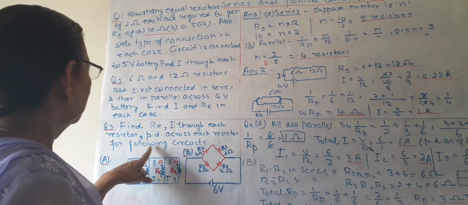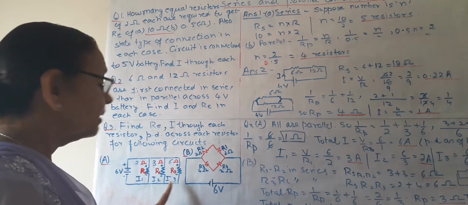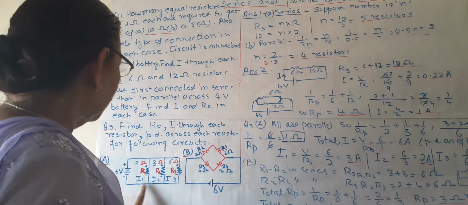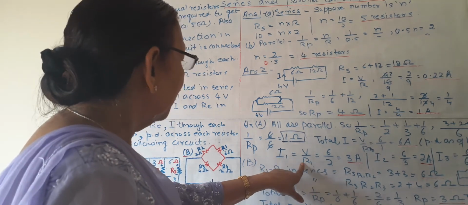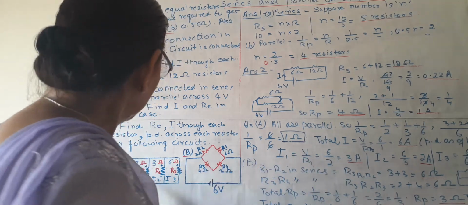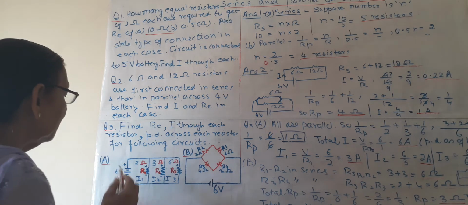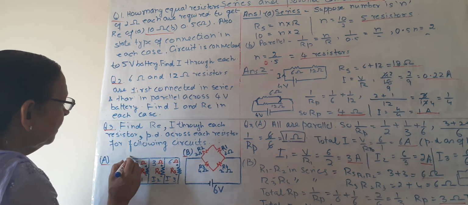It is written across each resistor. So for each resistor we have to calculate current also. Suppose this is I1, I2 and I3. So for I1 we will calculate the current. V is same for all of them, but current is different in parallel, because this current is coming from here.